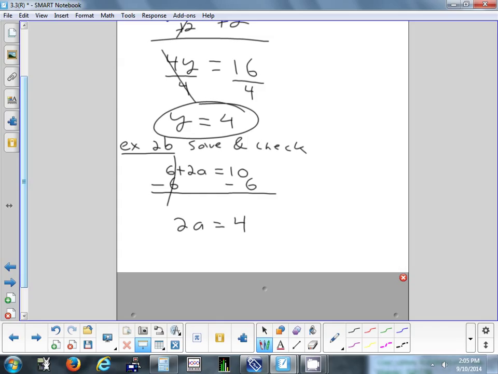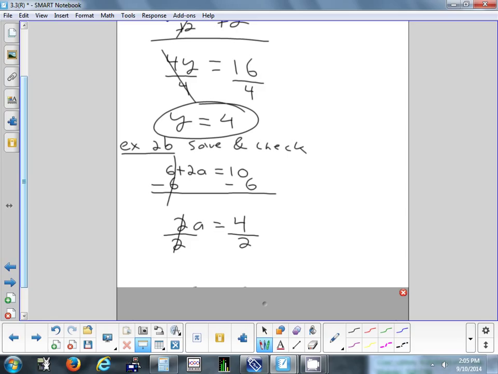Now we're going to do multiply and divide. What's our next and last step? Yep. Divide both sides by 2. Leave your A on one side and then divide 4 by 2 and you get 2.